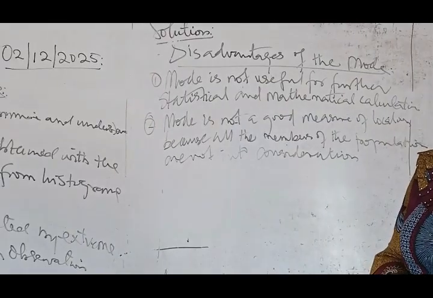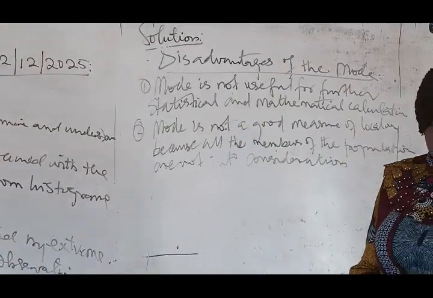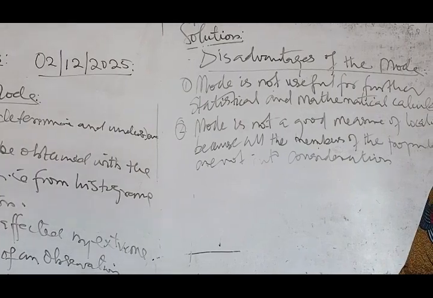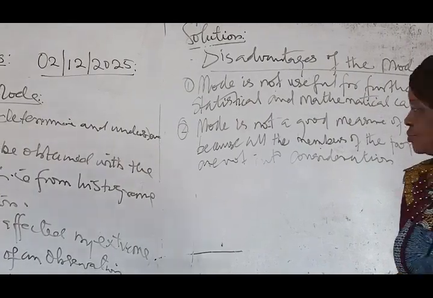Then the third one there is that when large numbers of observations are involved, mode may prove difficult.